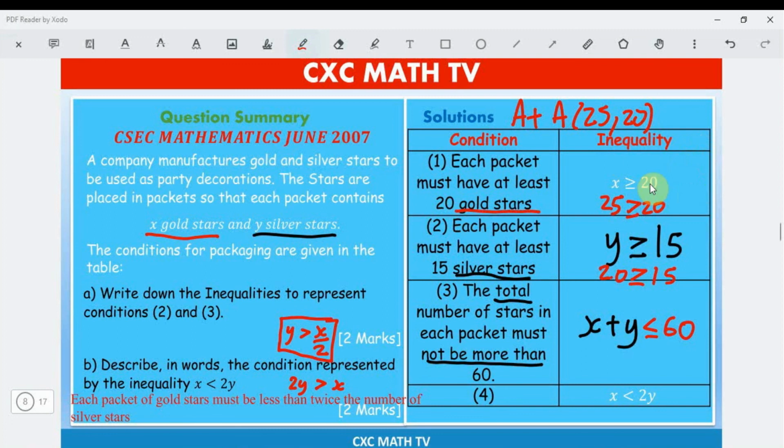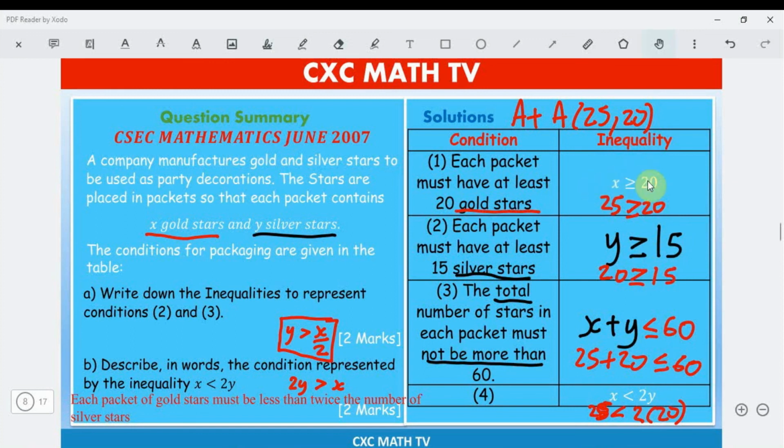Yes. When you add 25 plus 20, is that less than or equal to 60? Yes. Now look at this: x less than 2y. Is 25 less than 2 times 20? Yes. Notice A satisfies all the inequalities. I am saying you didn't have to use the graph.